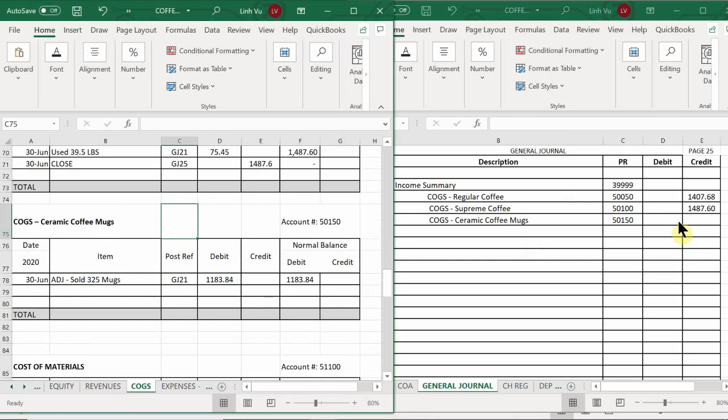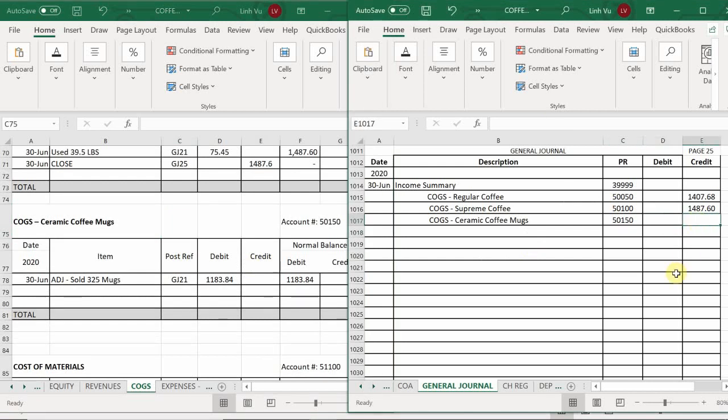How much should I credit my account for? 1183.84.